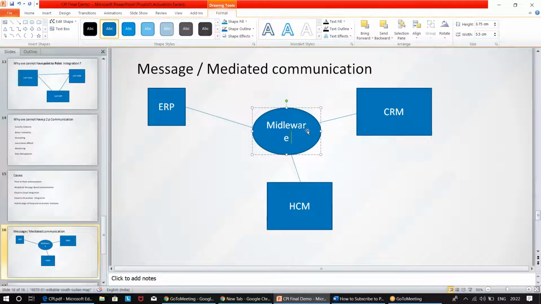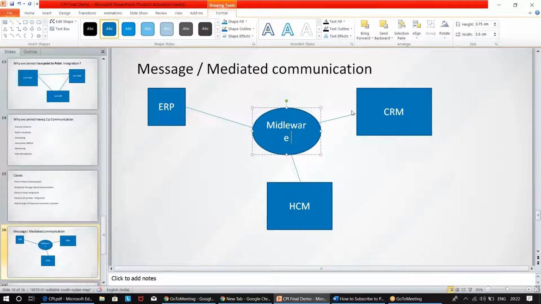So whatever data was flowing directly between the systems will now pass through it. This is also called mediated communication, which is typically based on the exchange of messages. In terms of integration, this is called an integration bus, and whatever data flows through this route follows integration patterns.